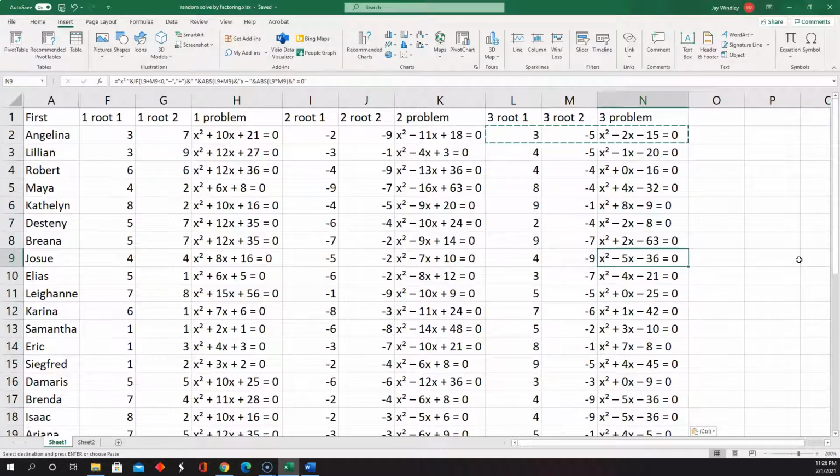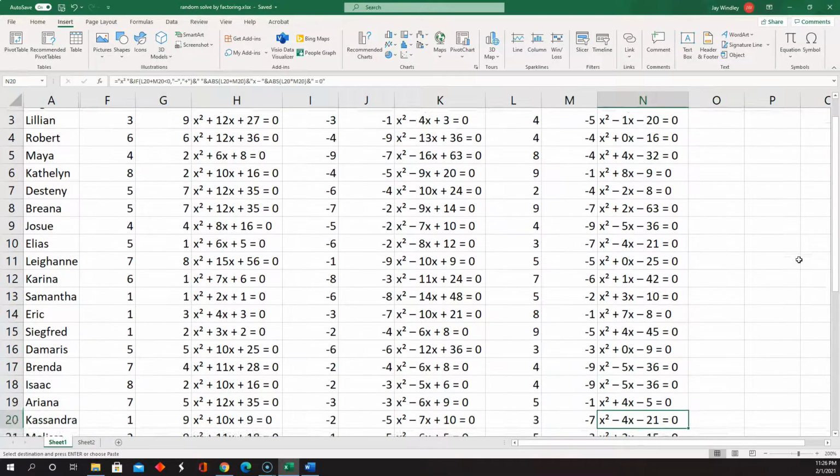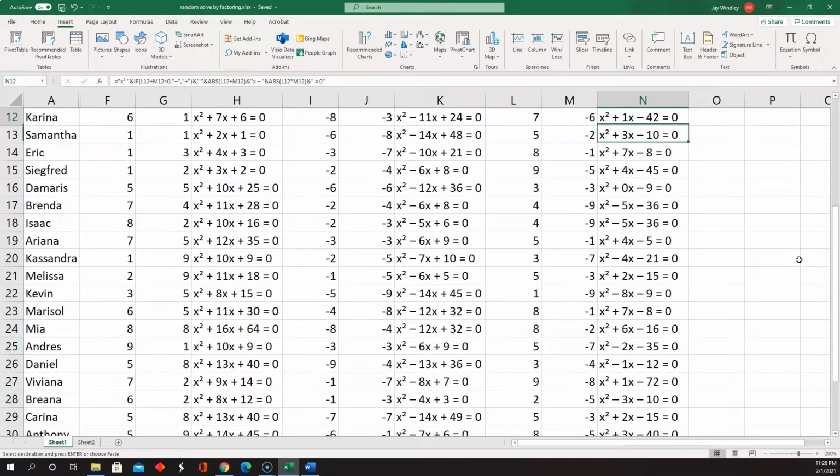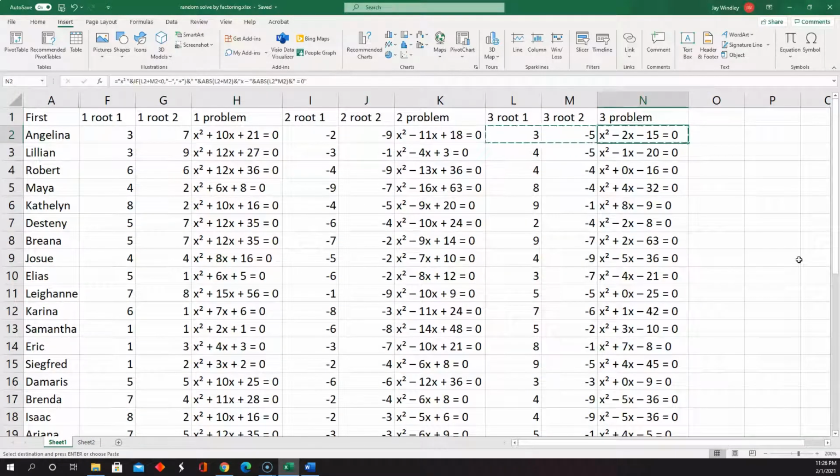And with a big class like this, you're going to have roughly 1 out of every 9 problems, just by chance, that will have that 0. So we've got to edit this some more. This gets a little bit codey, but we got to edit this a little bit more so that when the middle coefficient is 0, we don't display any of that stuff.